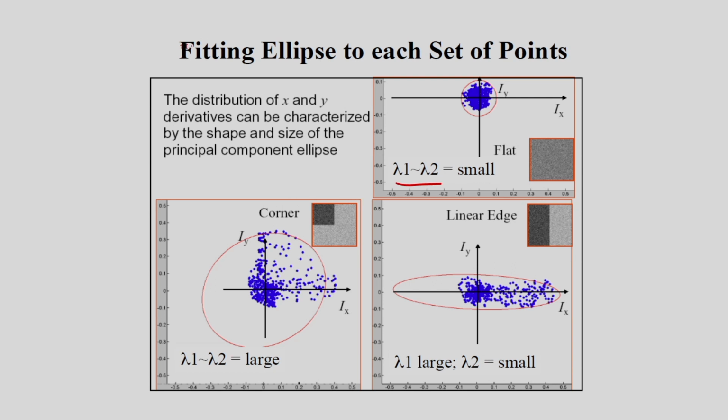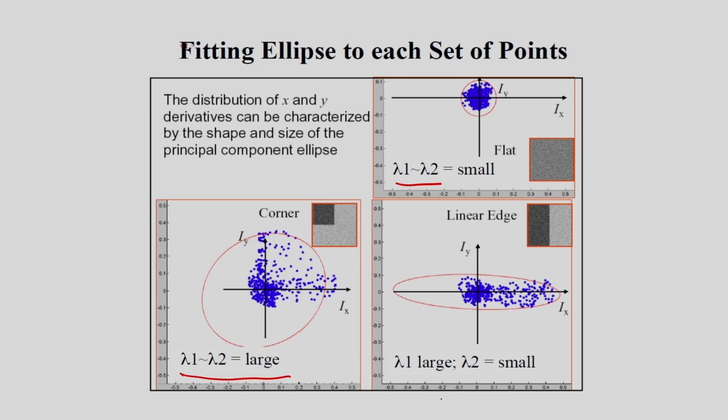What are lambda 1 and lambda 2? They are the eigenvalues I am considering. That I am going to explain, but you can see in the scatter plot corresponding to the flat region, the gradient in the x direction and the gradient in the y direction will be less, and I am fitting the ellipse. In the case of the corner points, lambda 1 and lambda 2 will be large.